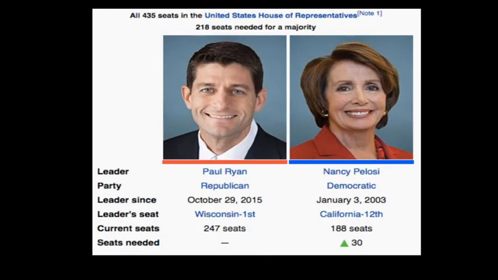Here was the Republicans' last Speaker of the House. It was Paul Ryan. He no longer is the Speaker of the House. One, because the Republicans don't have power anymore in the House, and two, because he kind of fell out of favor with Republicans. Okay, so right now Nancy Pelosi is the Democrat. She is the Speaker of the House, and she has been since 2003. That doesn't mean she's only been in Congress since then.